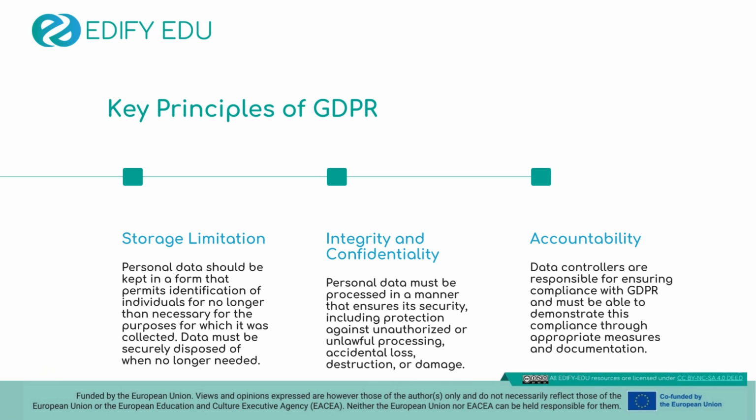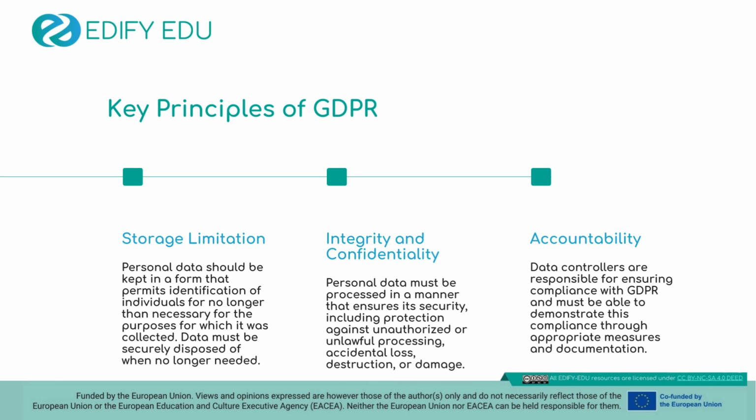Sixth, integrity and confidentiality require that personal data be processed in a manner that ensures its security. This includes protection against unauthorized or unlawful processing, accidental loss, destruction, or damage. Organizations must implement appropriate technical and organizational measures to secure personal data.